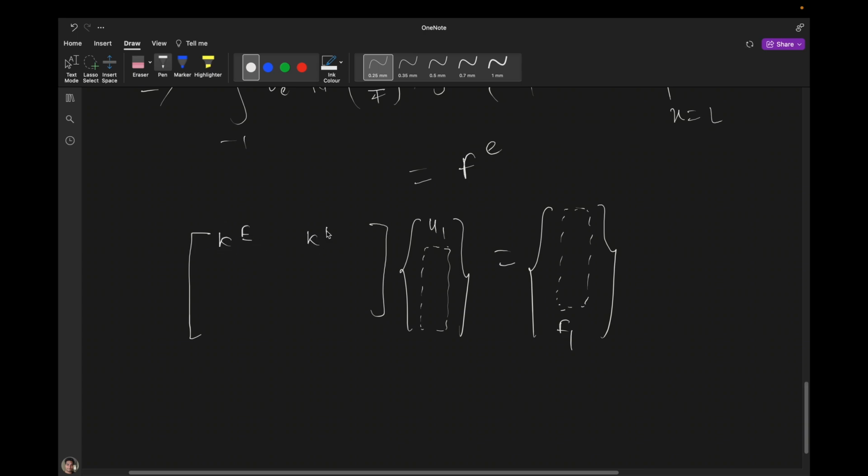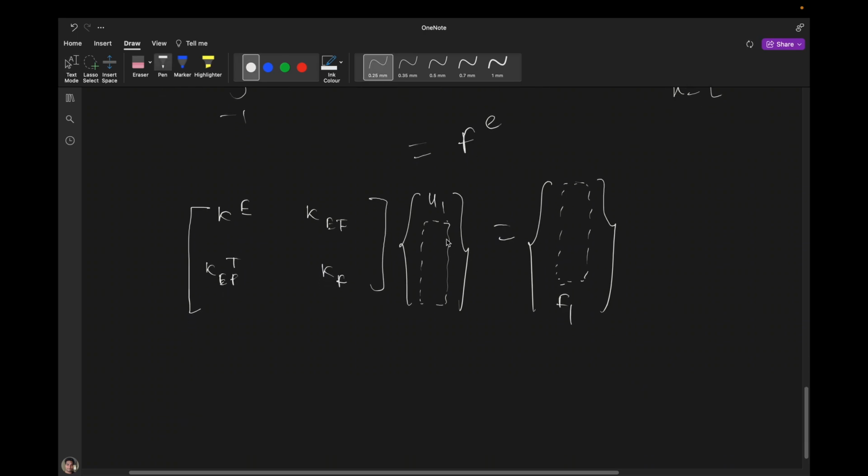So what I will do is write this matrix as something like this: K_E, K_EF, K_EF transpose, and K_F. And here I will write something like U_F and U, and here I will write F and R. This whole part I will write as R, and whatever we know we will write as F only.